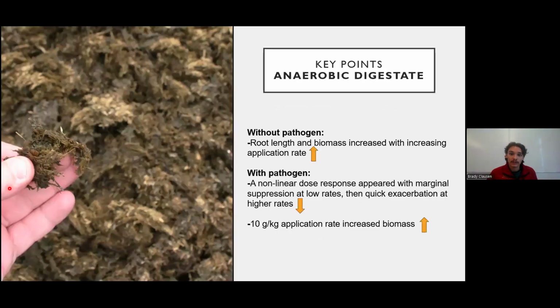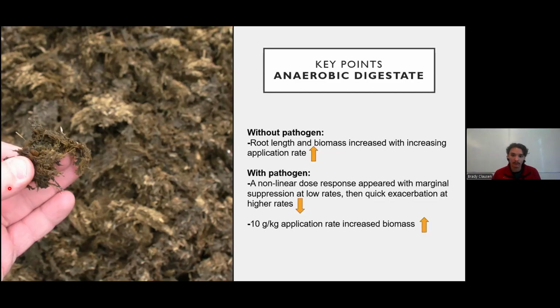Moving into digestate, without the pathogen, we found that root length and biomass can be increased with increasing application rate. But then we found that with the pathogen, there's a nonlinear dose response, which appeared with marginal suppression at low rates and then a quick and swift exacerbation at higher rates.